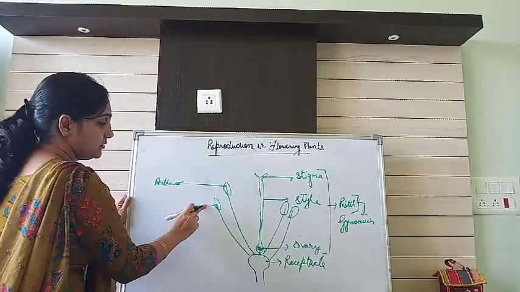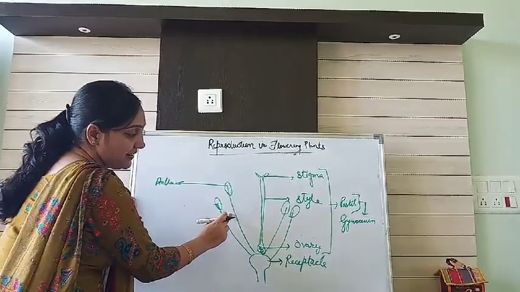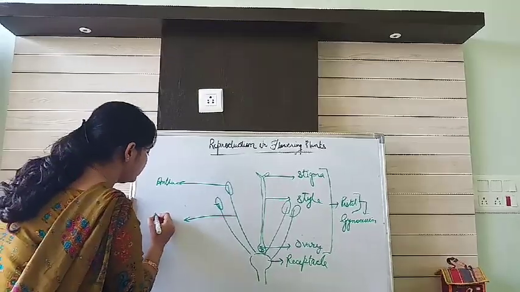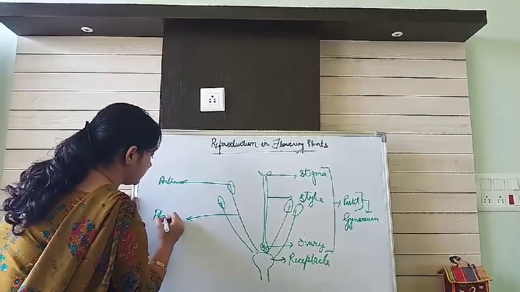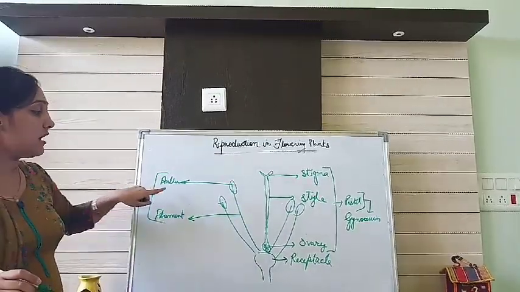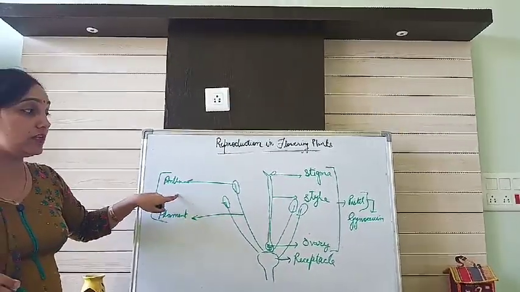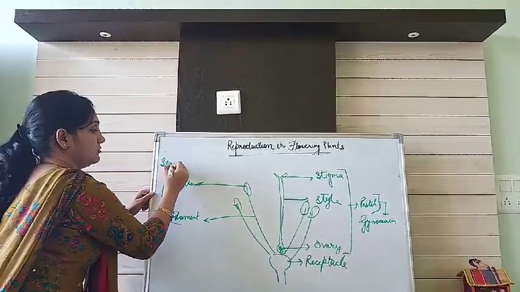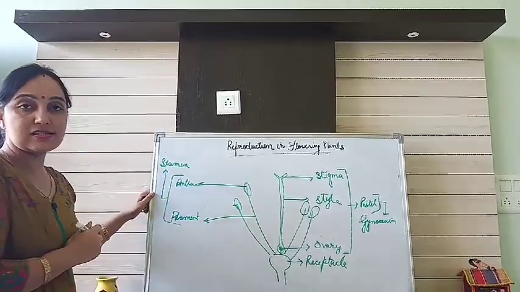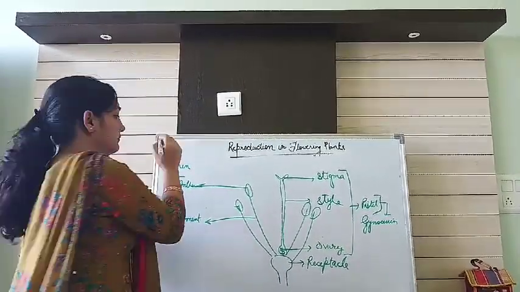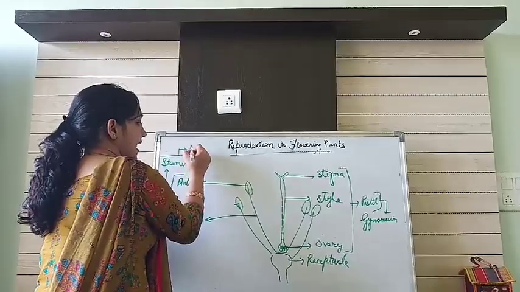And this thread-like, filamentous structure is called filament. Anther and filament together are called stamen. This is stamen, and the whorl of stamens is called androecium.